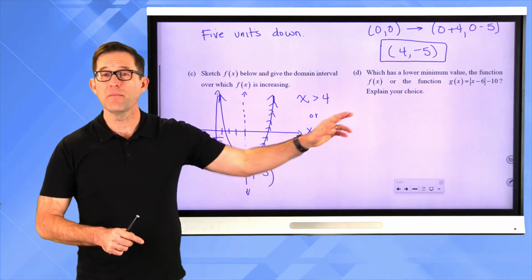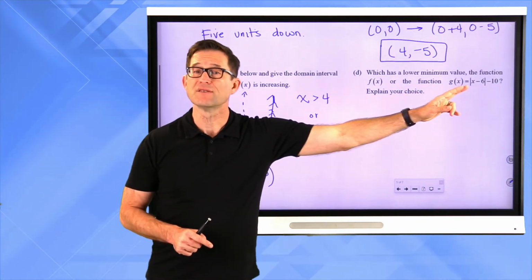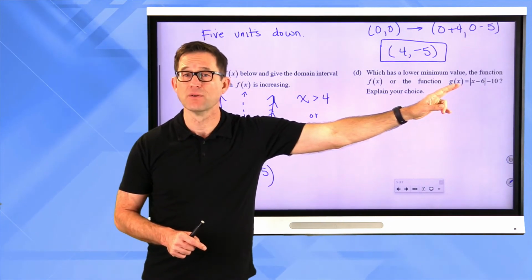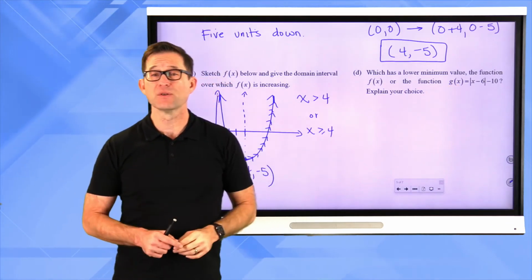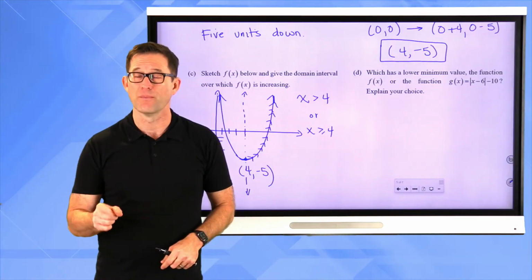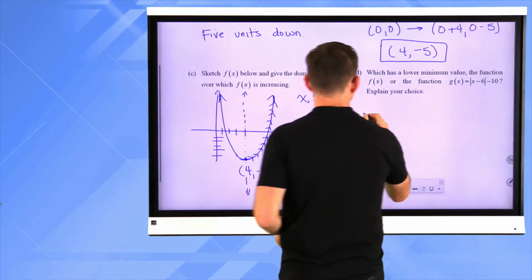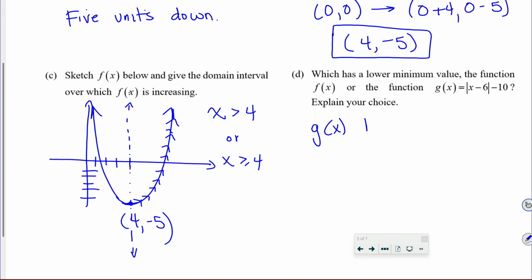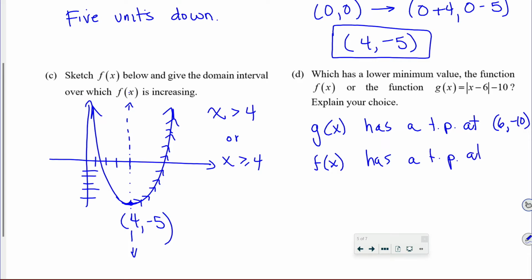Okay, well, keep in mind, right, that g of x is a shift of y equals absolute value of x. Y equals absolute value of x, just like y equals x squared, has a turning point at 0, 0. So g of x has a turning point at 6 comma negative 10, and f of x has a turning point at 4 comma negative 5.